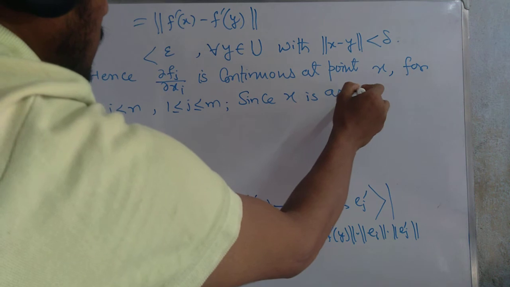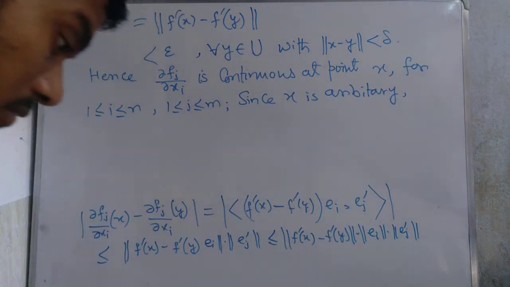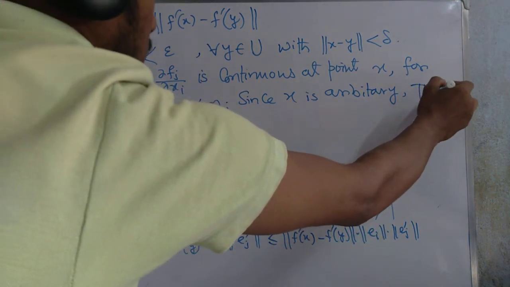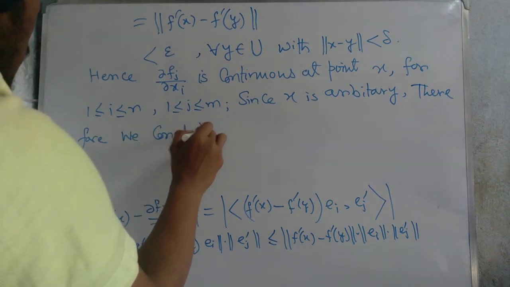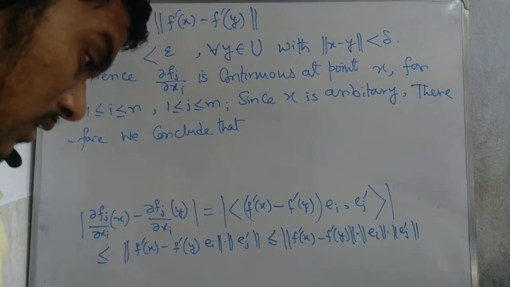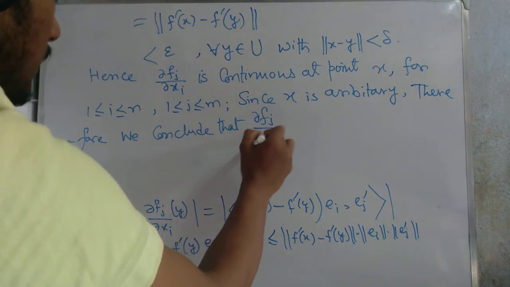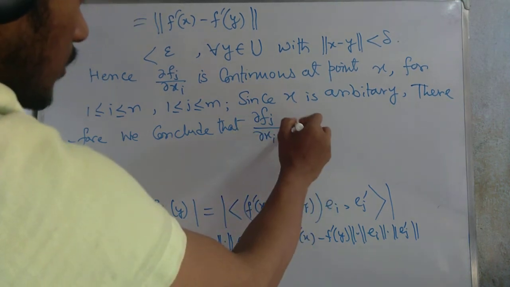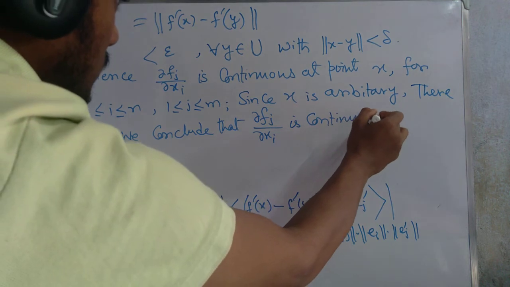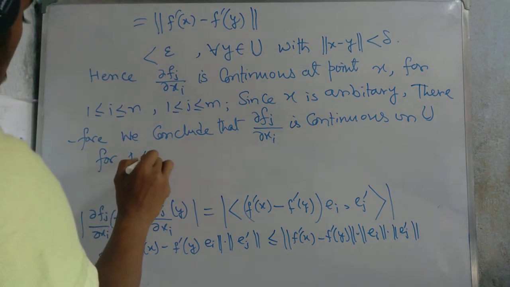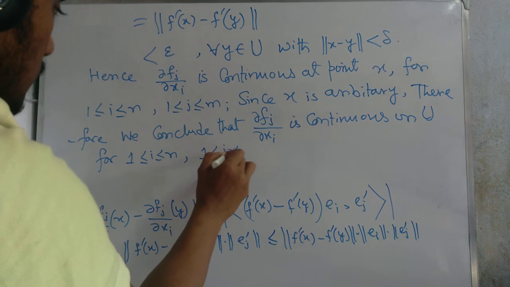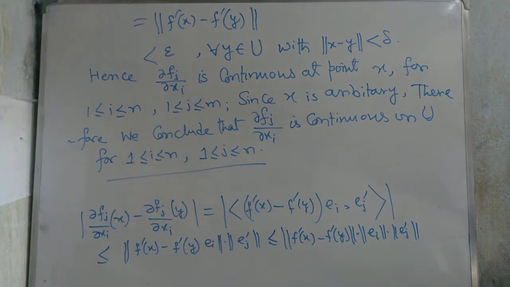Since x is arbitrary, therefore we conclude that ∂fj/∂xi is continuous on U, for 1 ≤ i ≤ n and 1 ≤ j ≤ m.